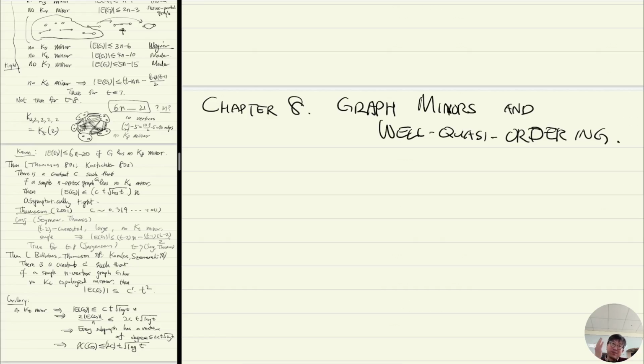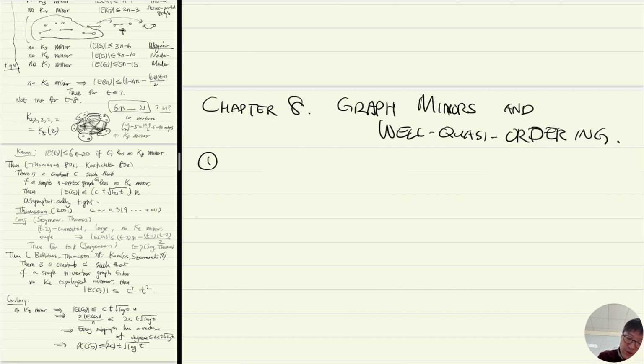In other words, planar graphs can be characterized by 2 forbidden minors. And there is a theorem saying that any property closed under taking minors can be characterized by a finite list of forbidden minors. So I will give some kind of introduction to this field, this theory.